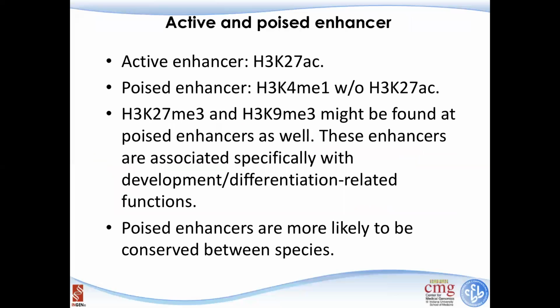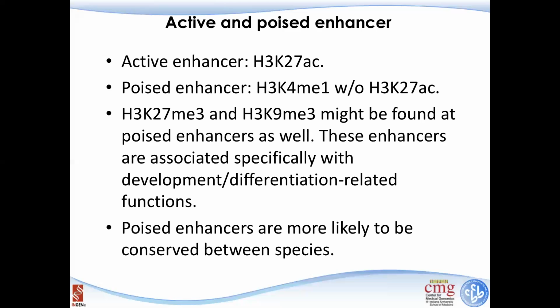People usually divide enhancers into 2 groups, active or poised enhancers. The active enhancer, we know, is associated with H3K27 acetylation. Poised enhancers are mostly associated with H3K4 monomethylation, but no acetylation signal.